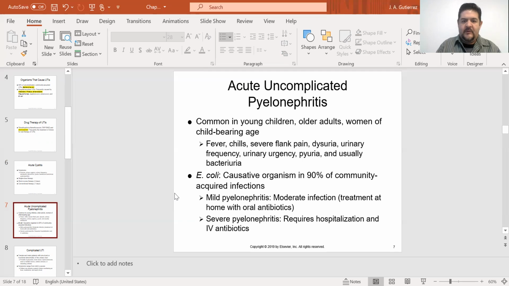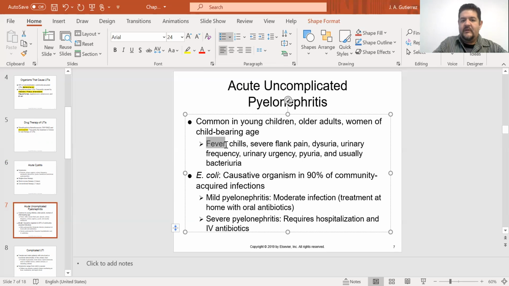Same thing, we're going to have the classic symptoms of dysuria, urinary frequency, urgency, and all that. But here we also need fever. The patient will have fever and chills. And for us to make a diagnosis, severe flank pain.